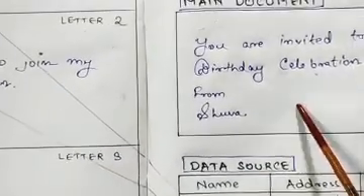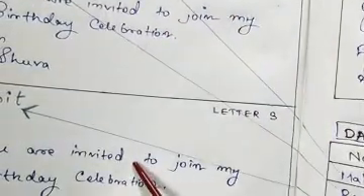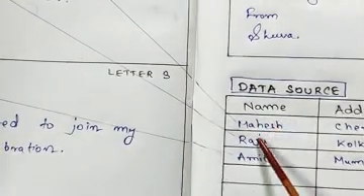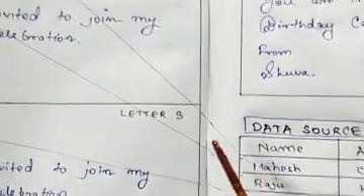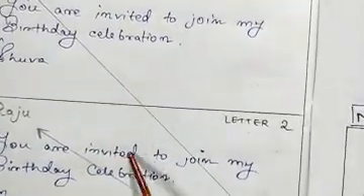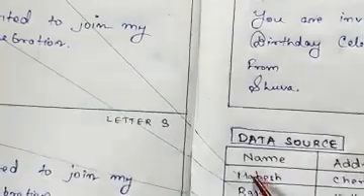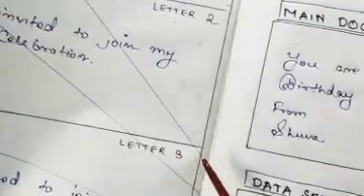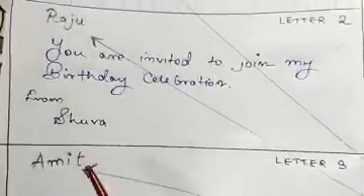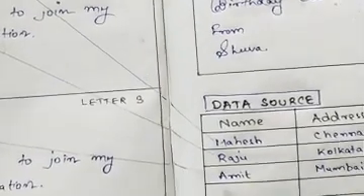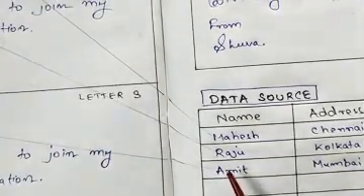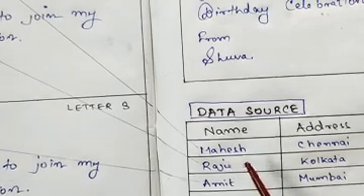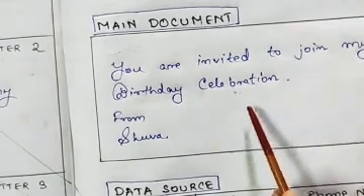So in this way you can see the same letter has been copied 3 times automatically by MS Word, and each entry from the database or data source is taken and put into the respective letters. So the first name is going to the first letter, the second name to the second letter, and the third name to the third letter. In the same process, if there are 100 recipients or 100 friends, this same main document will be copied 100 times.